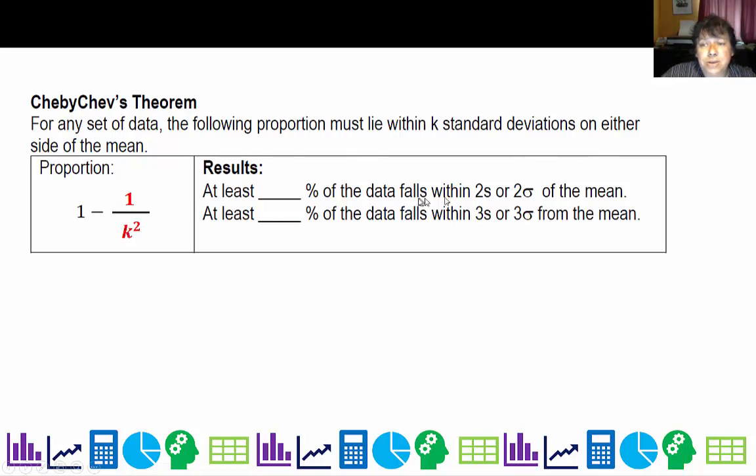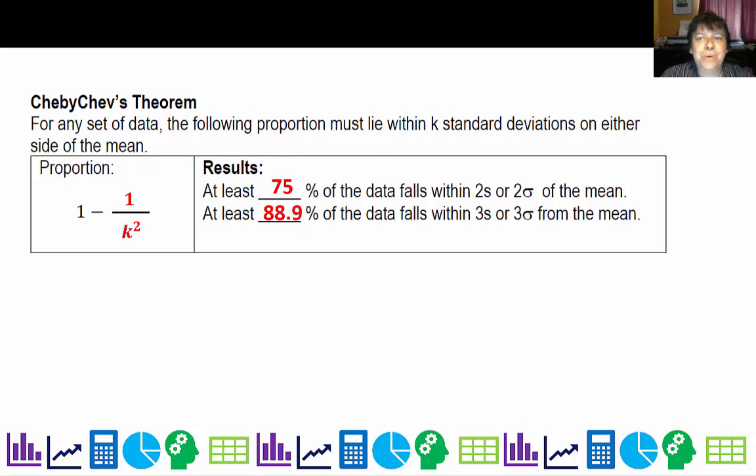So if I go 2 standard deviations from the mean, I go 1 minus 1 over 2 squared, 1 minus 1/4, 3/4, or 75%. So I know that 3/4 of the data is going to fall within 2 standard deviations on either side of the mean. And if you do that for 3, you actually get 8/9 or 88.9%.